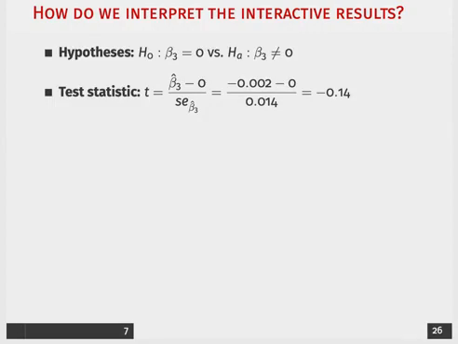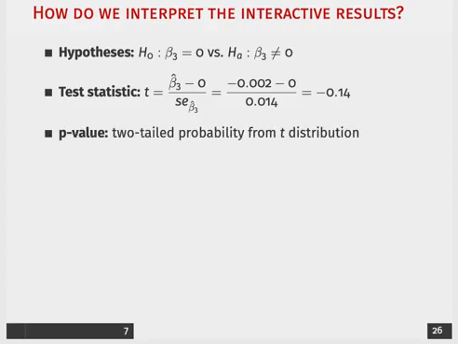We can set up our test statistic as any other before, where we have our estimated beta over our standard error, and we get approximately negative 0.14 as our test statistic. You'll remember that in order to retrieve our p-value, we're going to do a two-sided test.